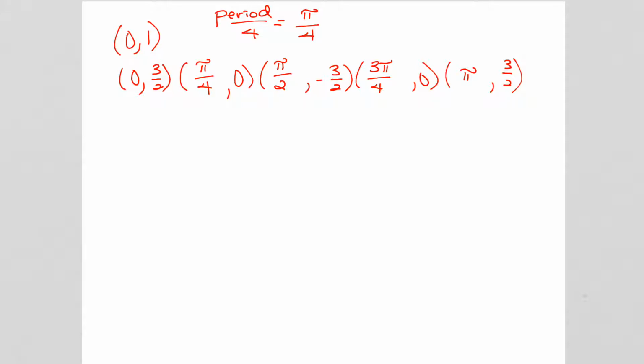And then take into account our phase shift. So again, I'm going to go through and just write down our y values. And so for our phase shift, we are moving to the left pi over 2. So all these numbers we need to subtract pi over 2.